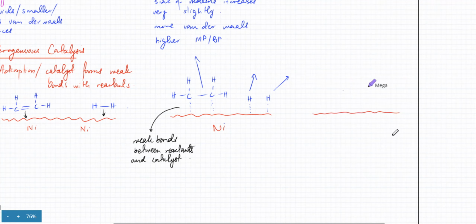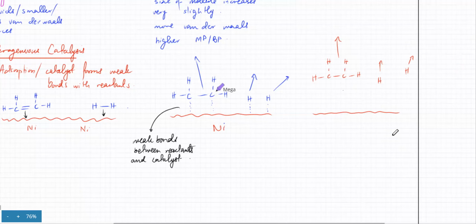So now what's happening is that you have an ethene molecule but without the double bond, and you have hydrogen atoms, and new bonds can now be formed.